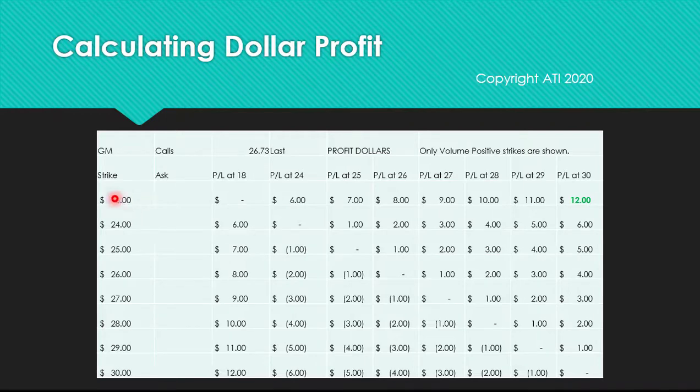So as you can see, at the $18 strike price, if we were to buy at 18 and sell at 18 just by buying the stock, you would have zero profit. And according to this chart, as you might guess, the highest sell price is 30 and the lowest buy price is 18. That would be a $12 profit if we bought this stock and sold it at the appropriate time, just based on the opportunities on this chart.